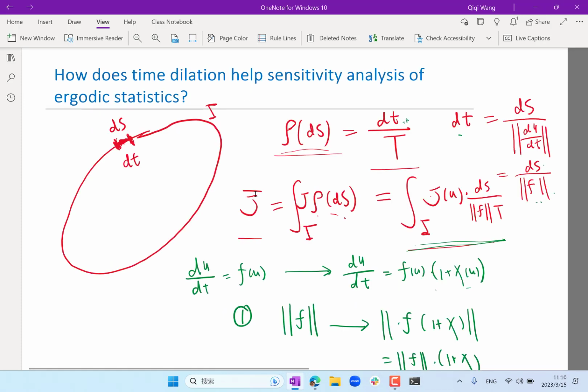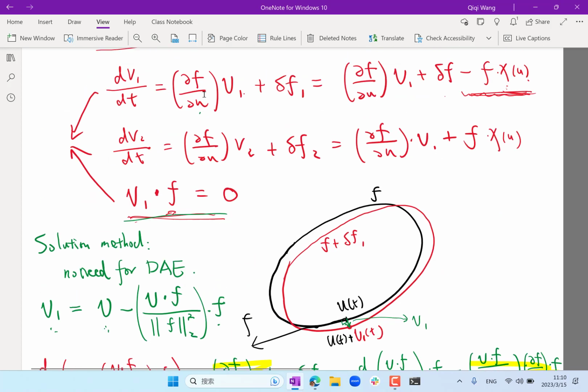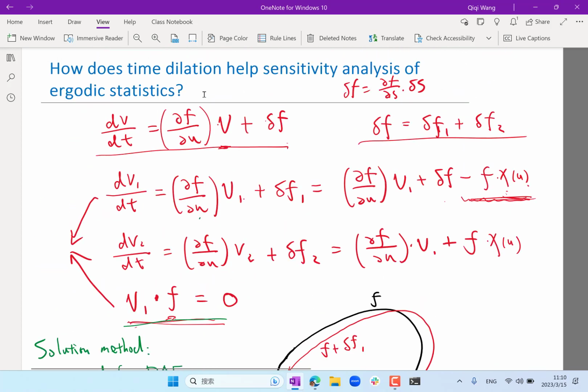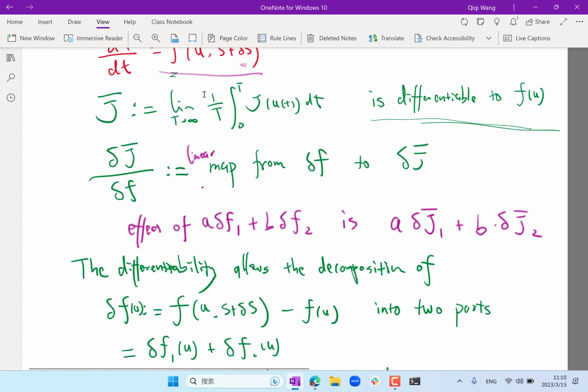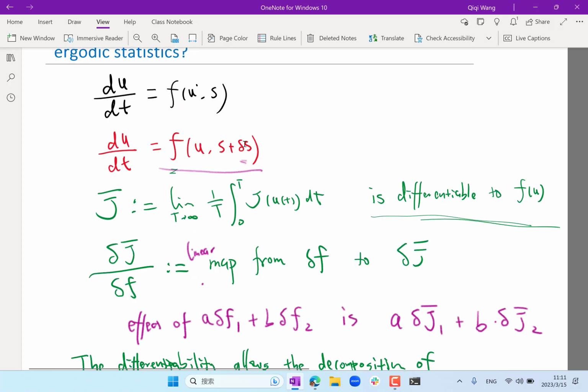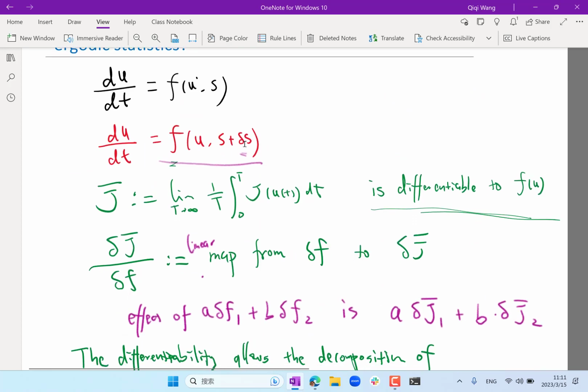the time dilation method. We started with the assumption that we can decompose the effect of a parameter change, delta f, into two parts, delta f1 and delta f2. The linearity assumption assumes that the time averaged objective function is locally a linear function of a small change in f.